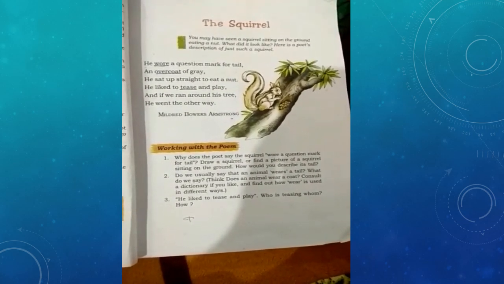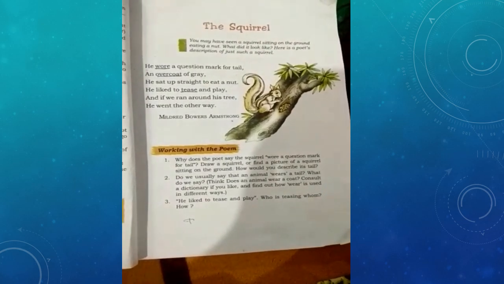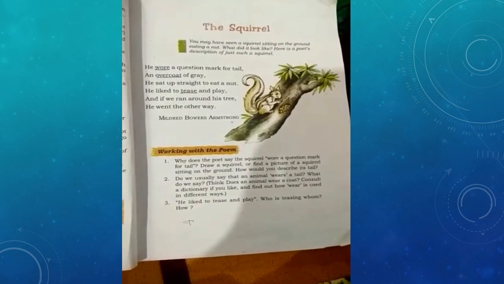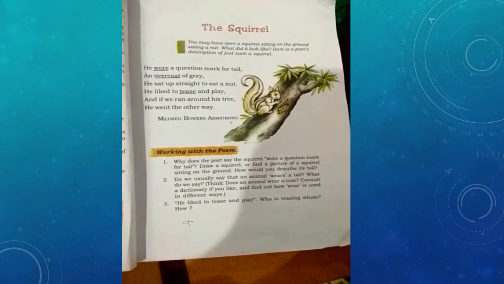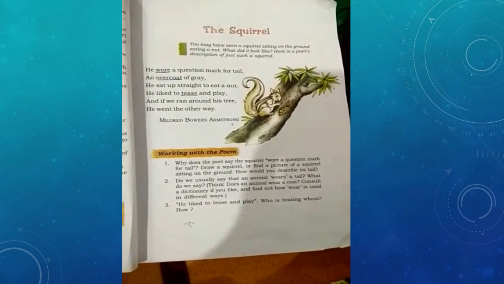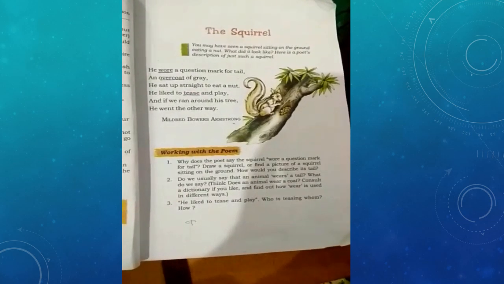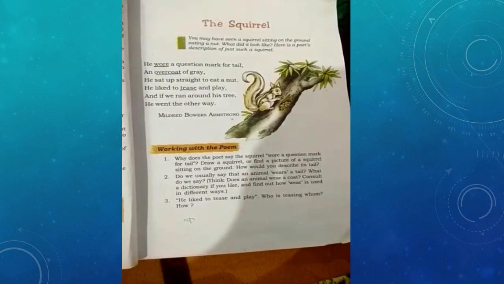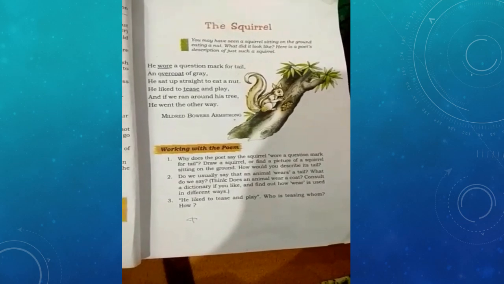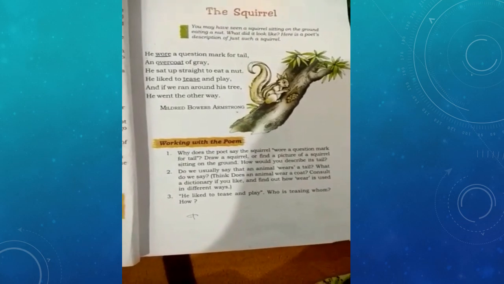We rarely come across squirrels sitting still when they are biting into nuts. Usually, we see squirrels running from one place to another with great energy. Here is a poet's description of just such a squirrel. Let's see in the poem.